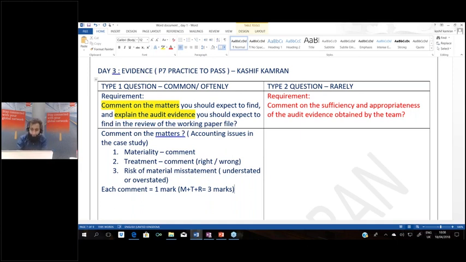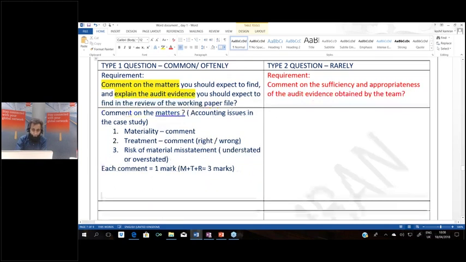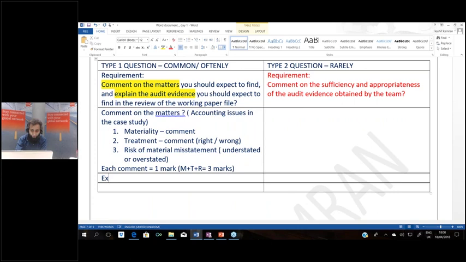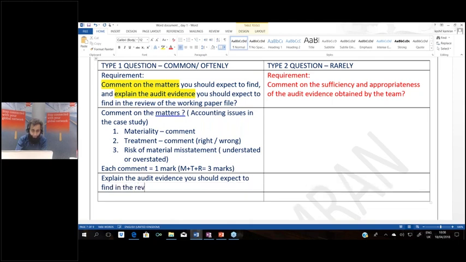Then secondly, after the comment on the matters, the examiner is asking you to explain the audit evidence you should expect to find in the review of the working paper file.